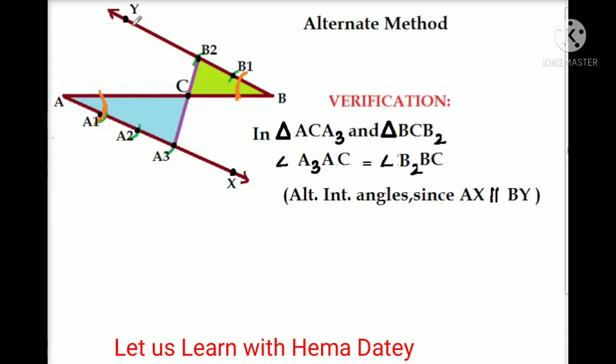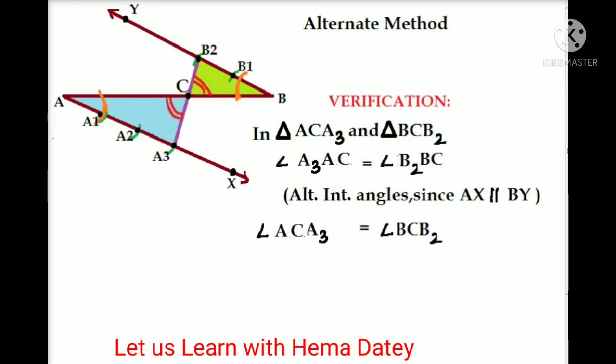They are also equal alternate interior angles since AX parallel to BY. Again, in these two triangles, angle ACA3 and angle BCB2, they both are equal.